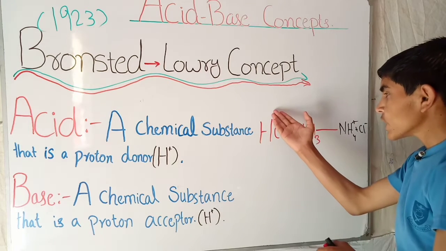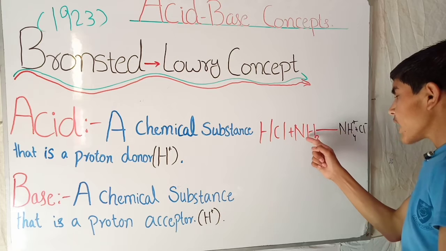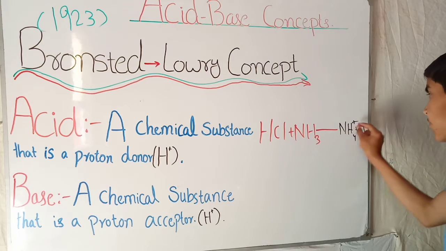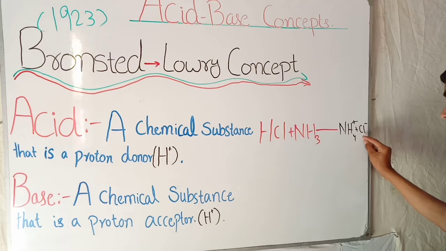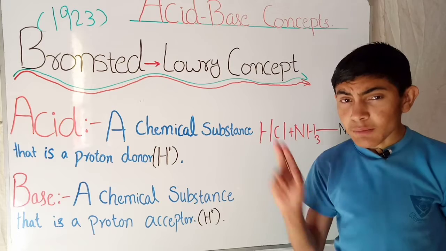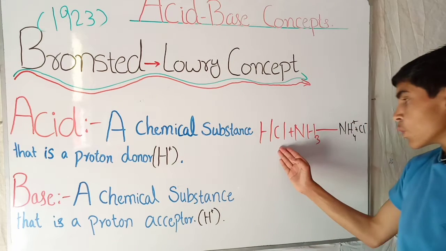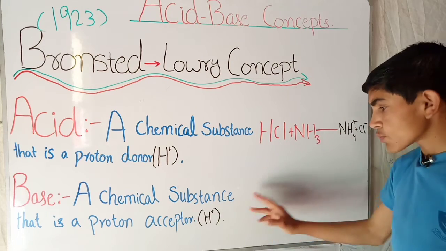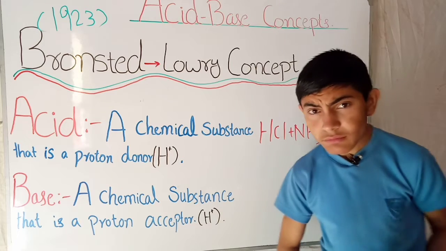Hydrochloric acid will give one proton to the NH3, ammonia. So the NH3 will become NH4 positive, and the other part will become Cl negative. So it is a chemical substance that gives one proton to the base, and the base will accept that proton.